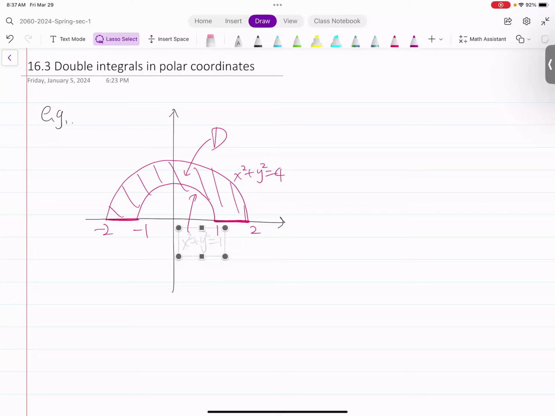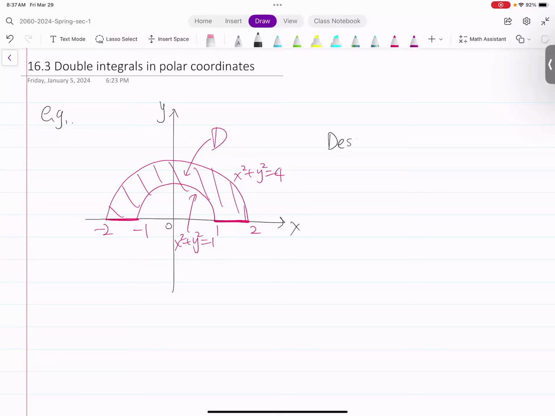So this region, when we are writing things, you can try to imagine that this is definitely not easy if you want to describe everything in terms of dx dy or dy dx, right?